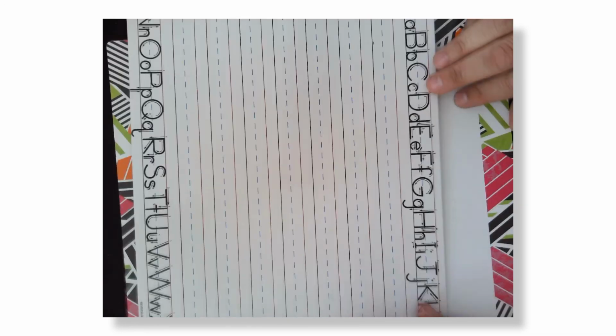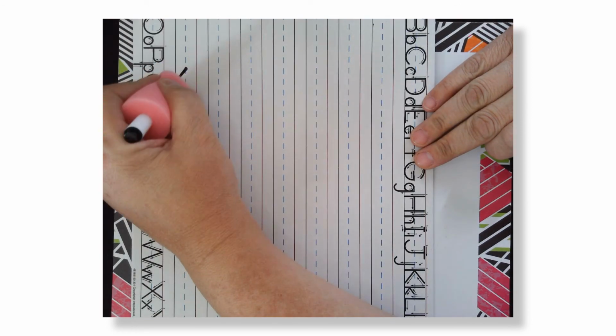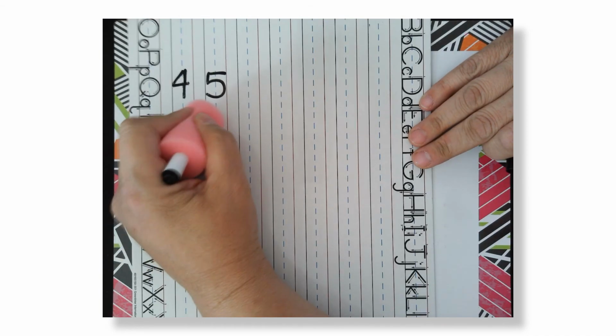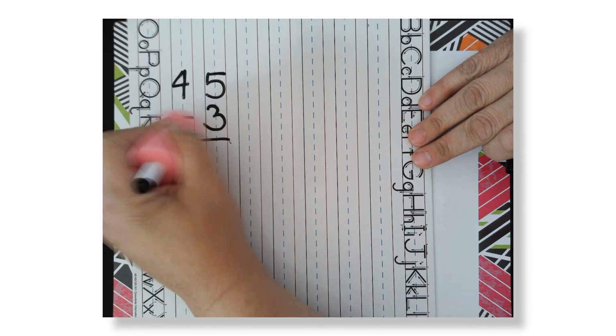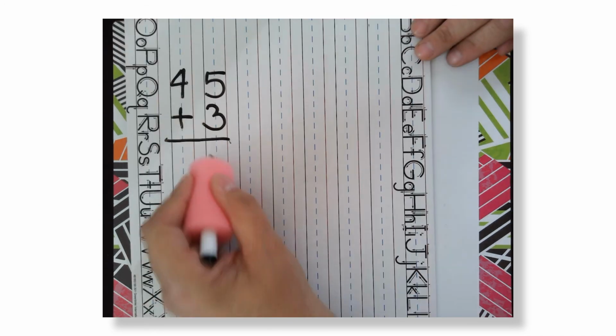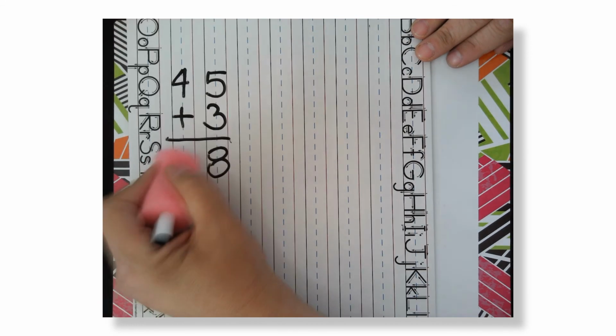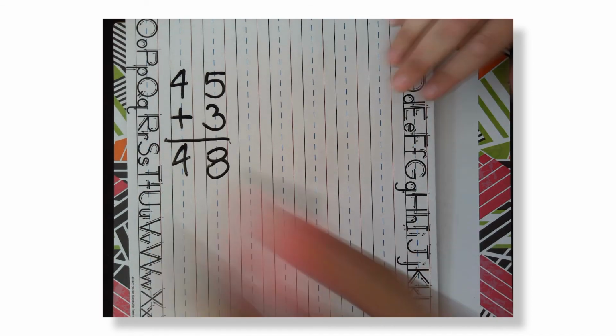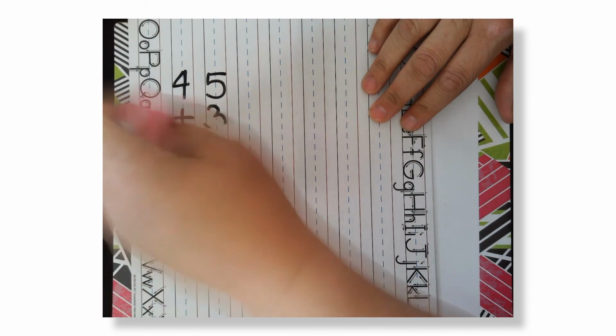I'll turn it long ways so that now this becomes where my numbers go, so they all have a spot to go so that there's no misalignment, and then the student can answer their questions. I will typically take a photo of this so that I have documentation that the student used it for writing or for math, and then they can erase it. They can even use their handy little grip.